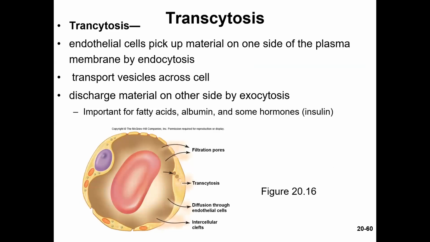In transcytosis, the endothelial cell will pick up material on one side of the plasma membrane by endocytosis. The transport vesicle will take it across the cell and discharge the material on the other side by exocytosis. This is very important for fatty acids, albumin, and some hormones like insulin.